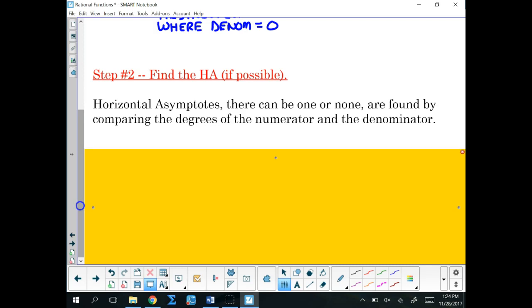Math term, degree. What does it mean? We've used it before. Some of us have even used it today. What about the exponents? The degree is something even more.